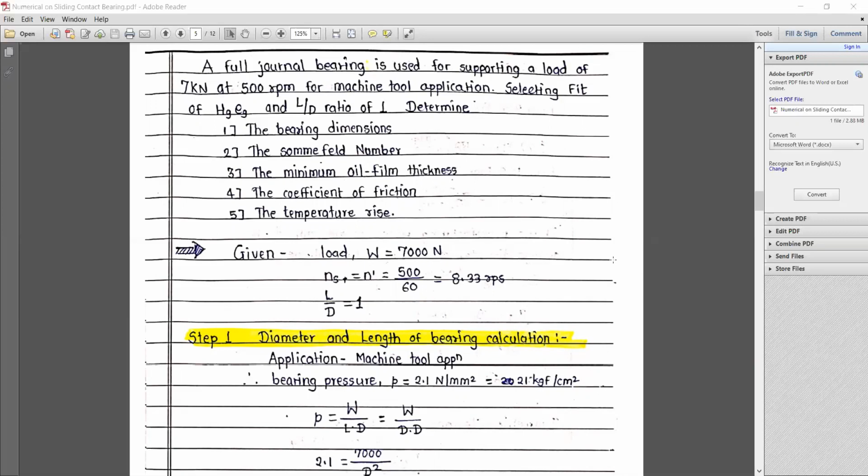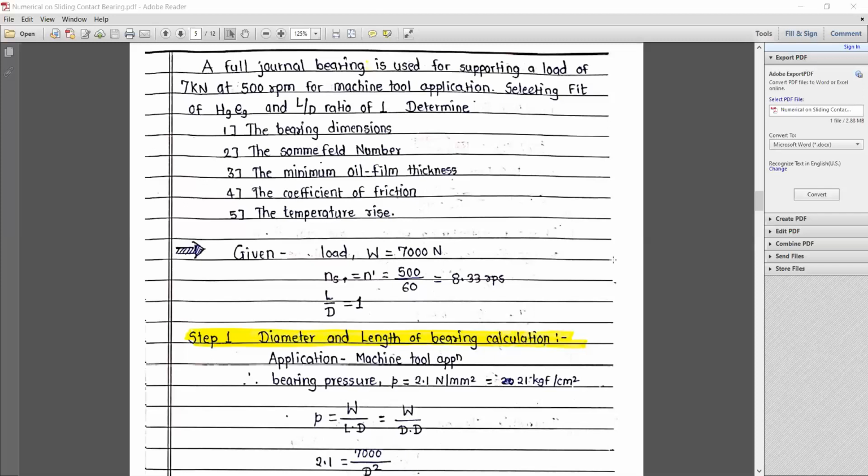A full journal bearing is used for supporting a load of 7 kilonewton at 500 rpm for a machine tool application. Selecting fits of H9, e9, and L by D ratio of 1.